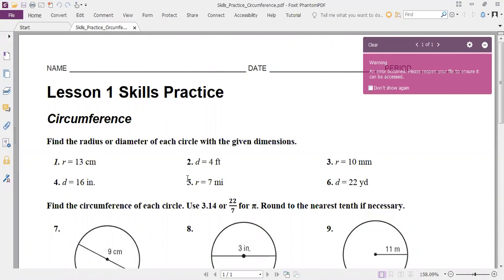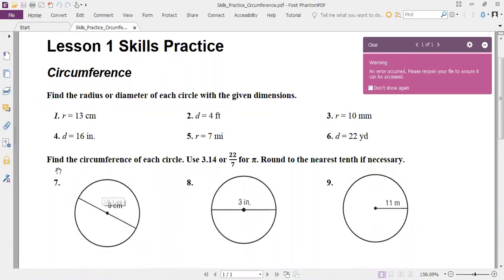Look with me at the next question. Question number 7. Read the heading. Find the circumference of each circle. Use 3.14 or 22/7 for pi, or round to the nearest tenth if necessary.